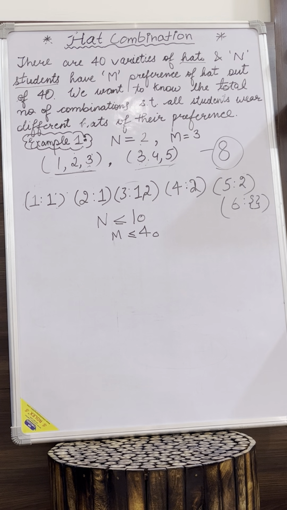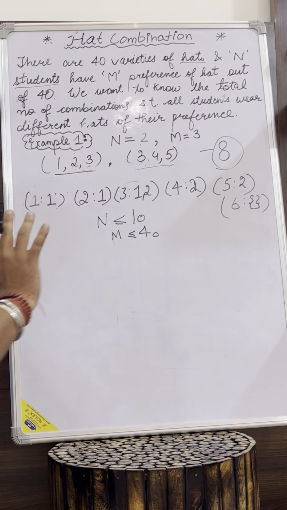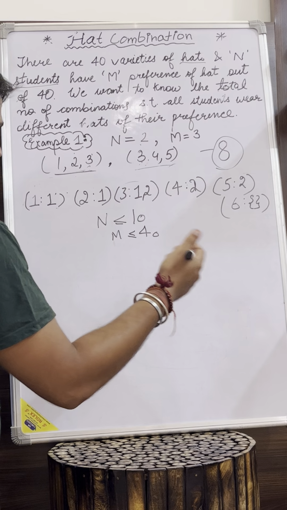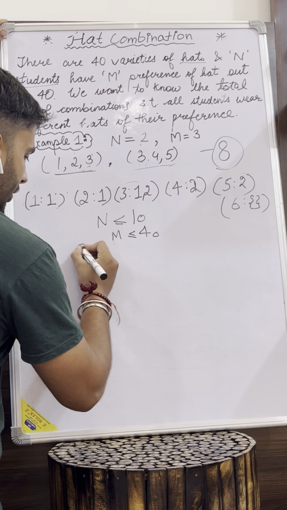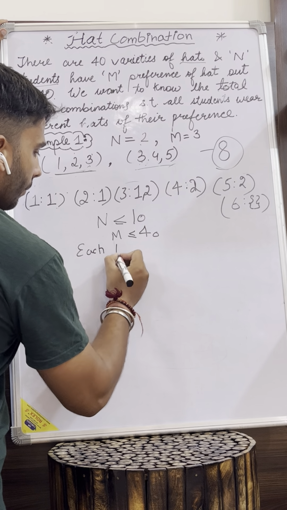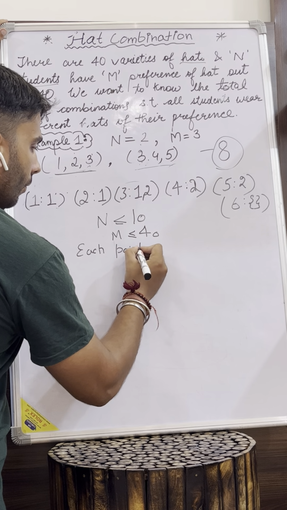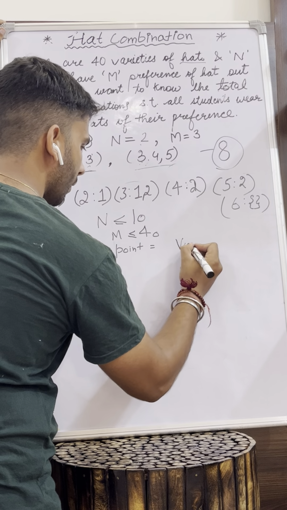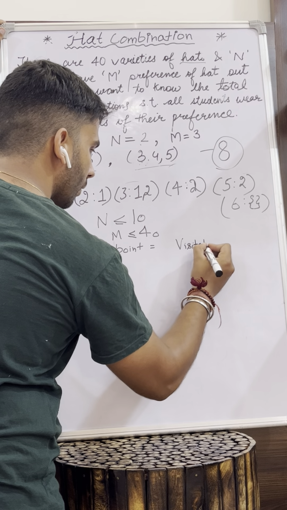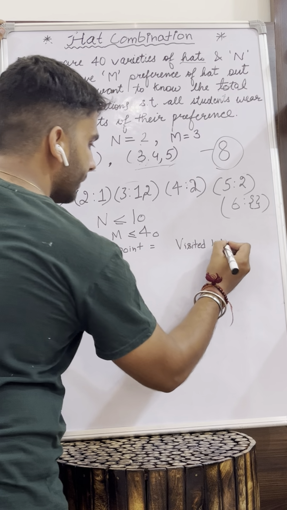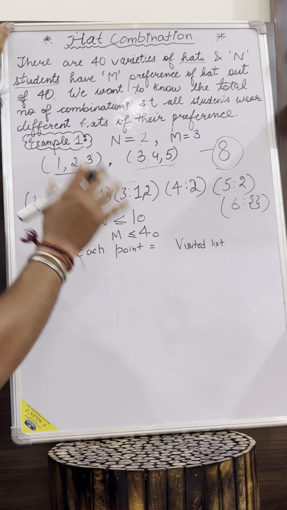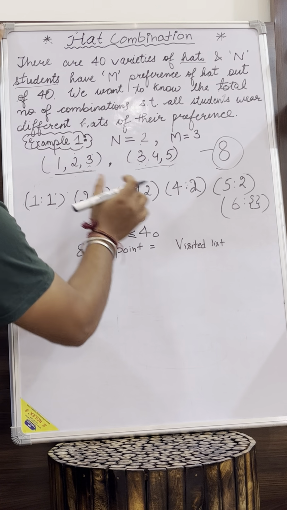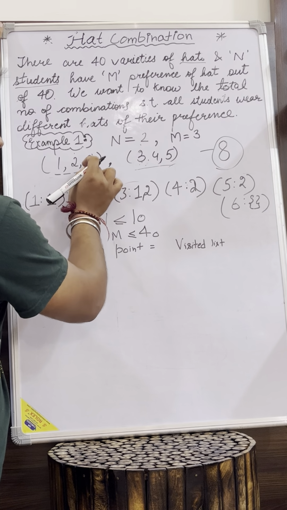If we look at the constraints properly, we understand that at each point we need the visited list, which will basically tell us how many students are already done, right?